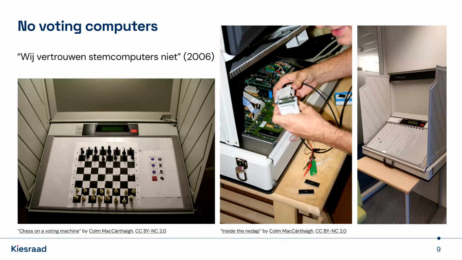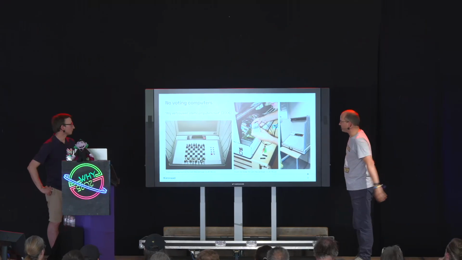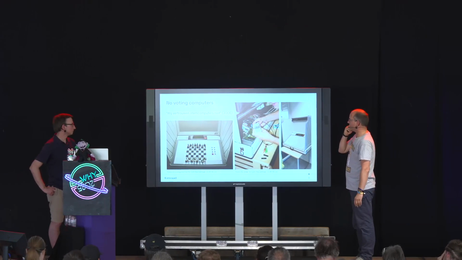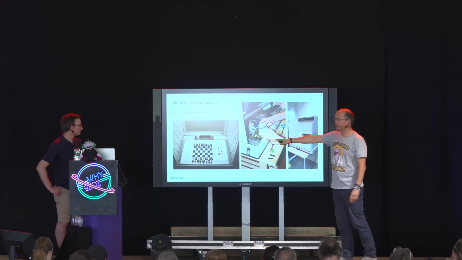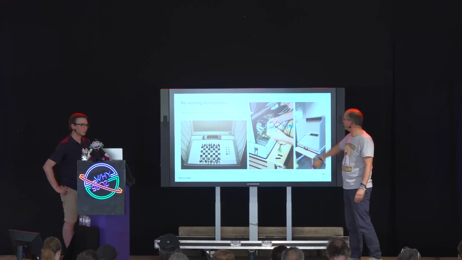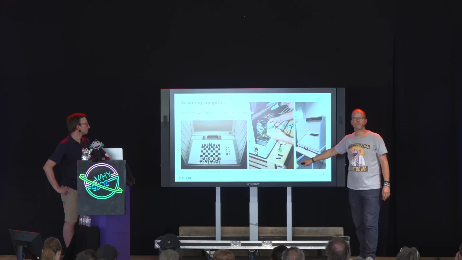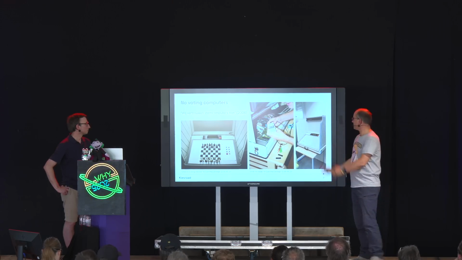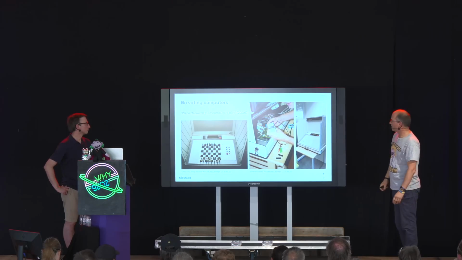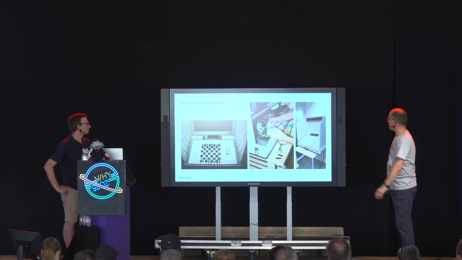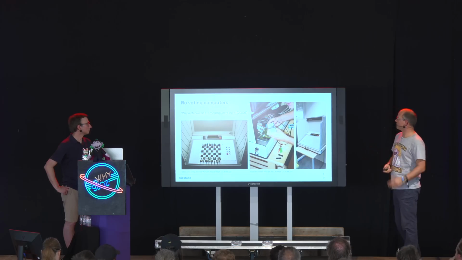In the Netherlands, we do not use them. And we were happy to find some photos of the voting machine turned into a chessboard, and of some of the hacking that was done on the machines to prove that using this type of devices does not meet the basic requirements that you would set for an election.